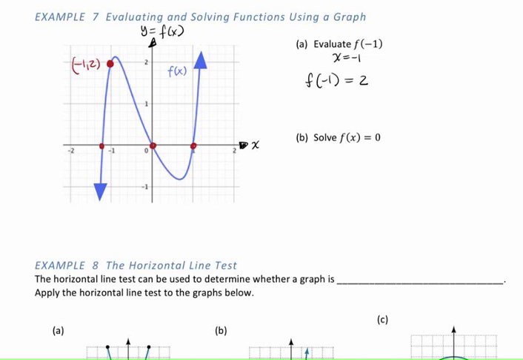So let's go from smallest to largest. This first one is not quite on any exact value, but if you notice, we have 1, 2, 3, 4, 5 squares between -1 and -2. This tells me that this value is -1.2, comma 0 is this ordered pair.